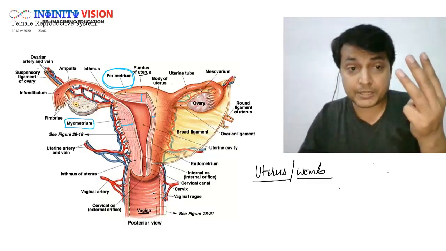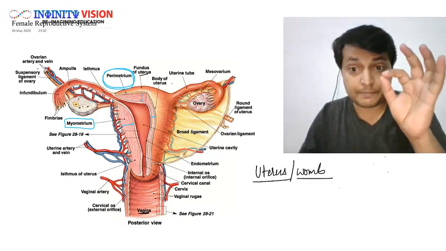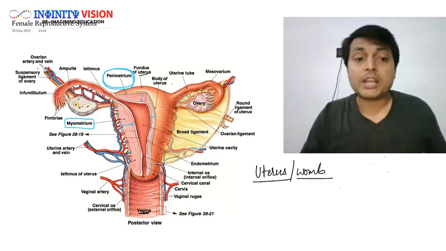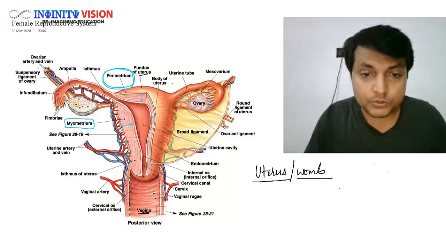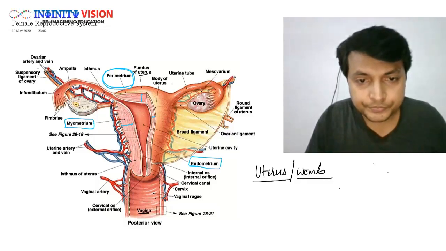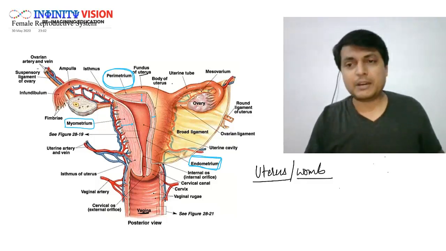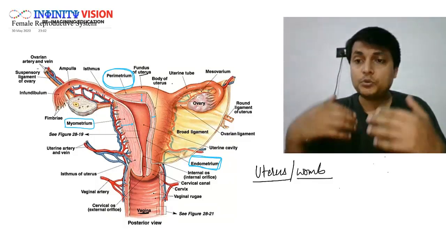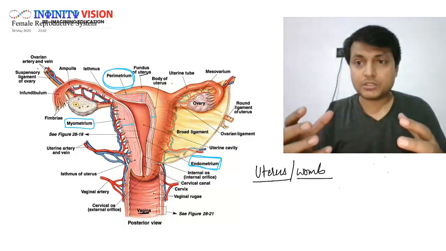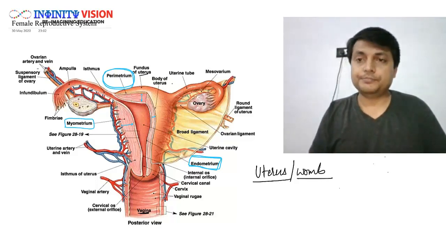Outermost is the perimetrium, middle is the myometrium, which is the thickest part and is made up of smooth muscles, and the innermost, this one, is called the endometrium. I hope it is easy to remember. Outer perimetrium, middle myometrium because it is made up of muscle, and innermost is endometrium.